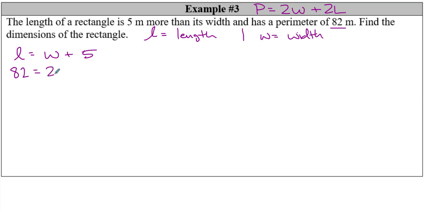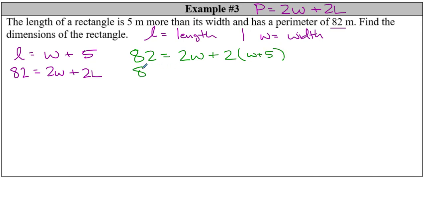And then I have 2W plus 2L, because 82 is equal to 2 of the widths plus 2 of the lengths. And then fortunately for me, I already have the L completely solved for, so here I could just do substitution. So 82 is equal to 2 times W, right, plus 2 times my length, and my length is W plus 5.